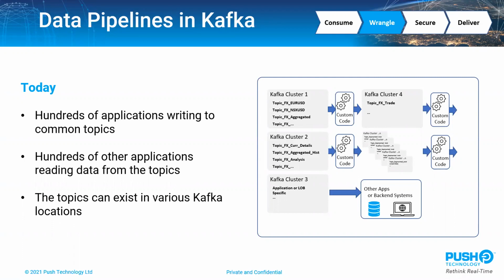So hundreds of applications writing to common topics, hundreds of other applications reading data from the topics. And these topics can exist in various Kafka locations. And so what I'm trying to depict here is that you may have some currencies from some feeds coming into one specific Kafka cluster. Or maybe you have different lines of business, organizations, and applications that require different Kafka clusters.